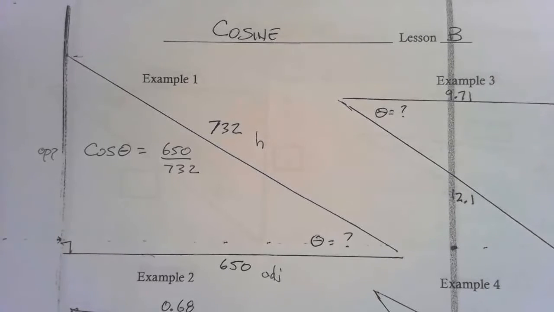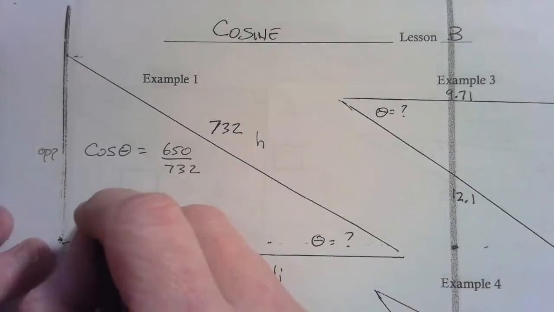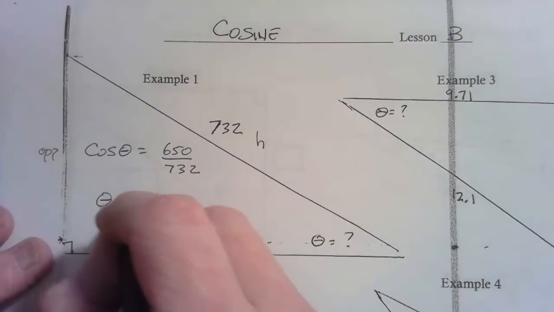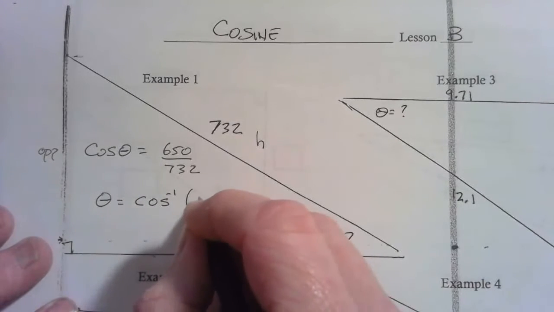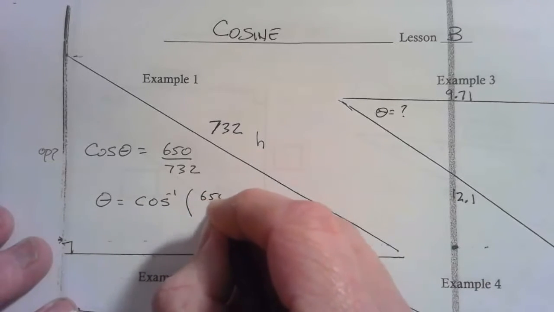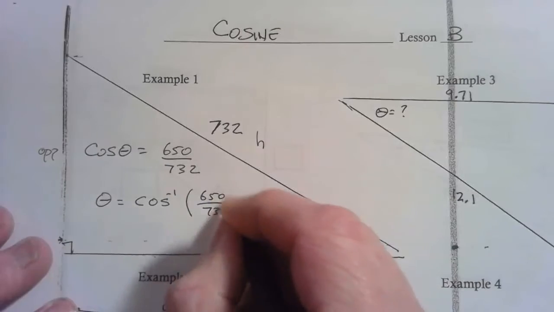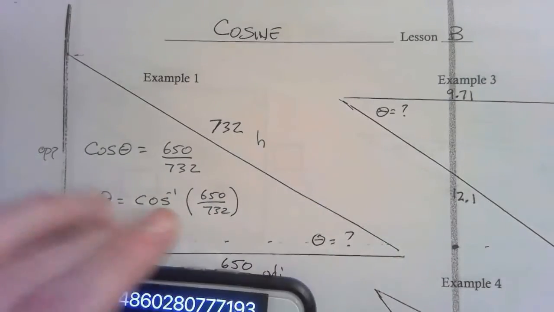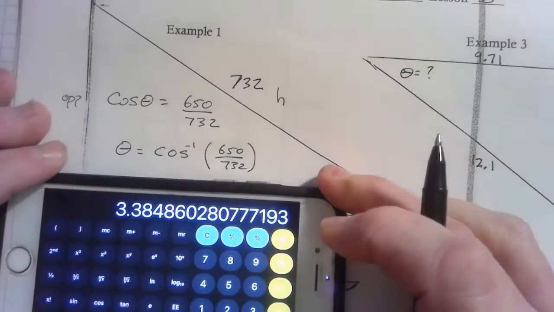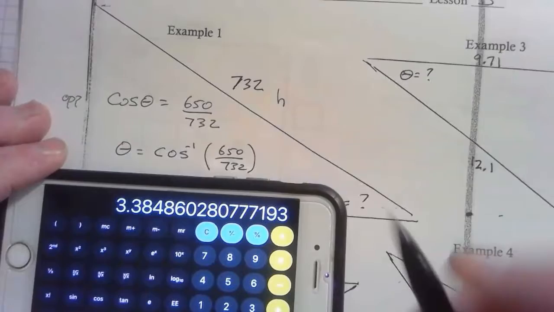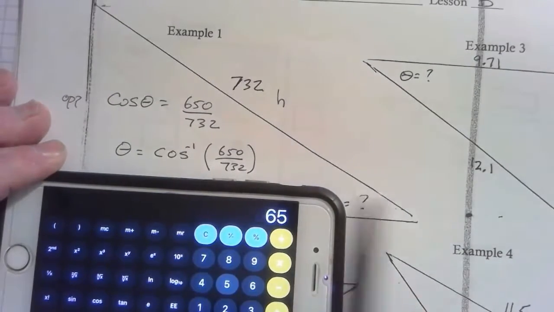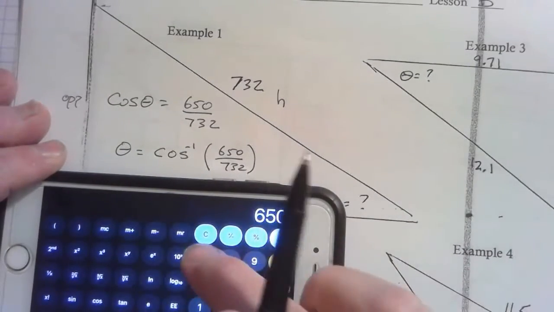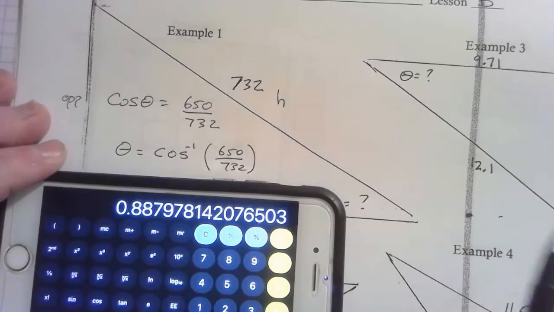And just like sine, there is an inverse cosine. So the angle is going to be the inverse cosine, or second cosine, of whatever 650 divided by 732 is. So on my calculator, I'm going to do this first. 650 divided by 732, get an answer.